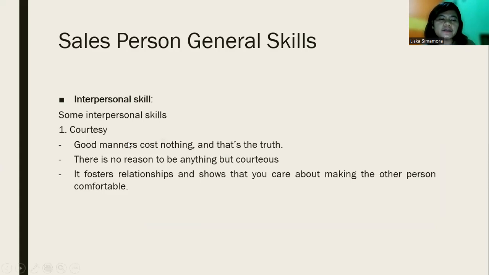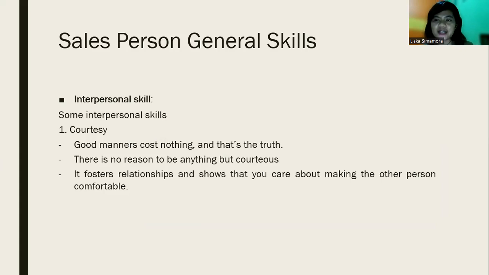Some of interpersonal skill is courtesy, good manners. You have good manners. And there's no reason to be anything but courteous, right? It fosters a relationship and shows that you care about making the other person comfortable.